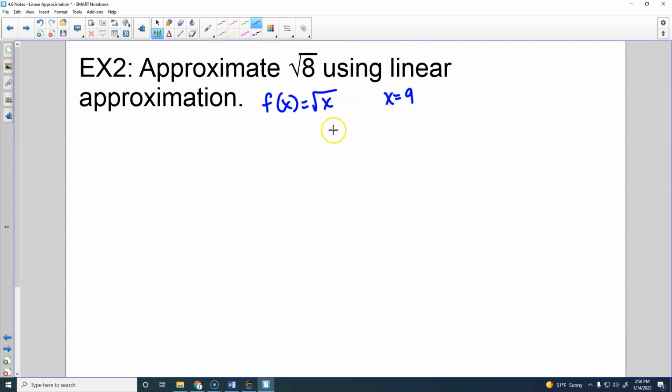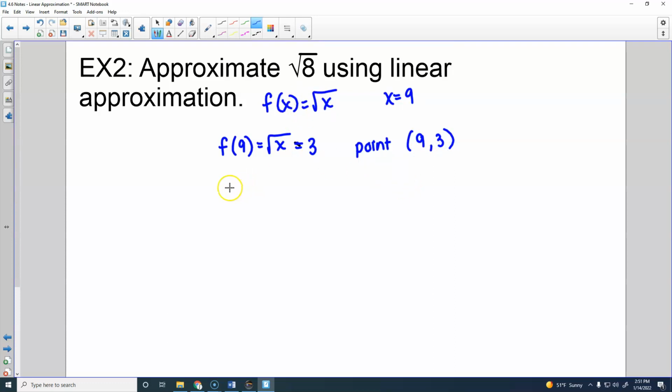So I'm going to run through this fairly quickly because it's basically the same as the last problem, just at a different point. So f of 9 would just be the square root of 9, which is 3. So our point of tangency on the graph is going to be 9, 3.